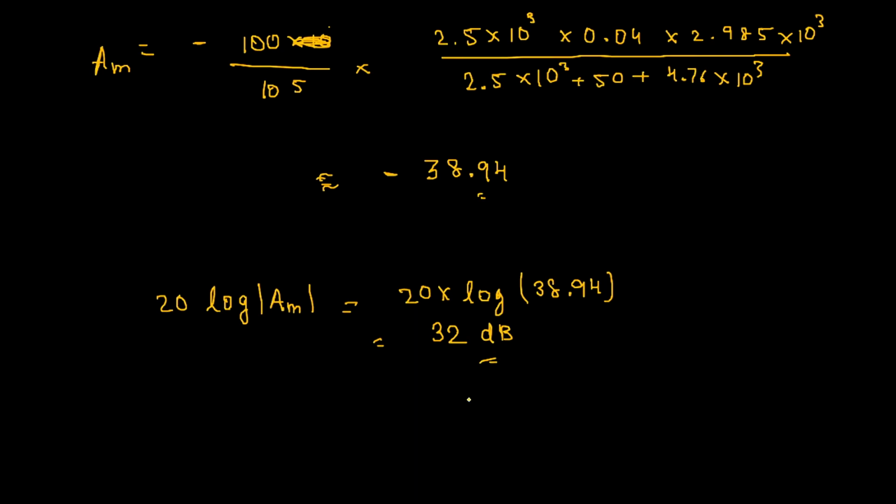The other half of the question asks for the frequency at which the upper 3 decibel frequency, which is the frequency at which the voltage gain goes down. So for that we have FH is equal to 1 divided by 2 pi R signal dash into C input.